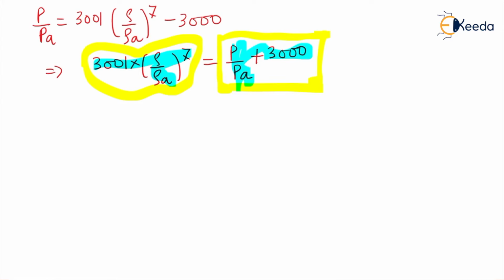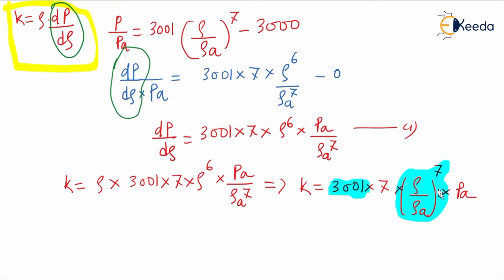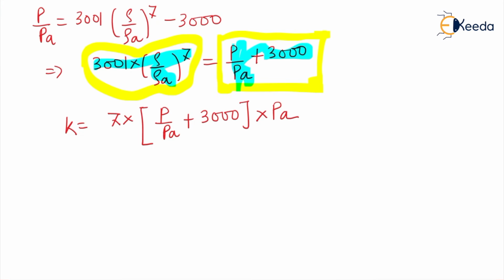Now the value of bulk modulus we will write as 7 multiplied by (P by Pa plus 3000) multiplied by Pa. Let us check it one more time: this Pa is here, the 7 is here, and the remaining term we have already replaced.